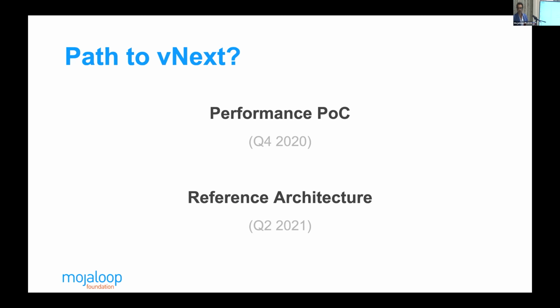And as Miguel was mentioning before, we did an exercise for the performance and the scalability of the system a couple of years ago. And at the end of that exercise, we concluded that to get to the next step of scalability for module loop, we had to do some changes in the way we are breaking the system into multiple different parts.